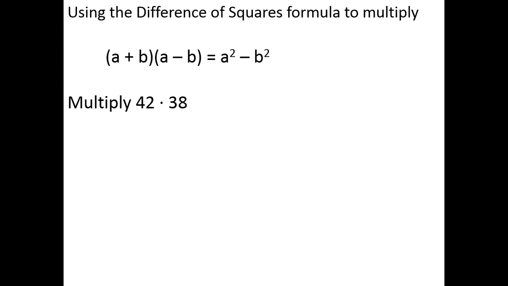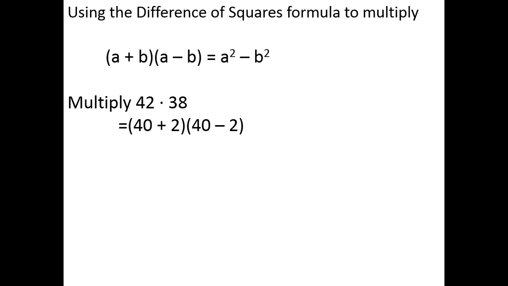Let's say we want to multiply 42 times 38. Now what's important about 42 and 38 is that if we look for the number that's exactly in between 42 and 38, that's a very friendly number. It's 40. So that allows us to rewrite 42 as 40 plus 2 and to rewrite 38 as 40 minus 2.